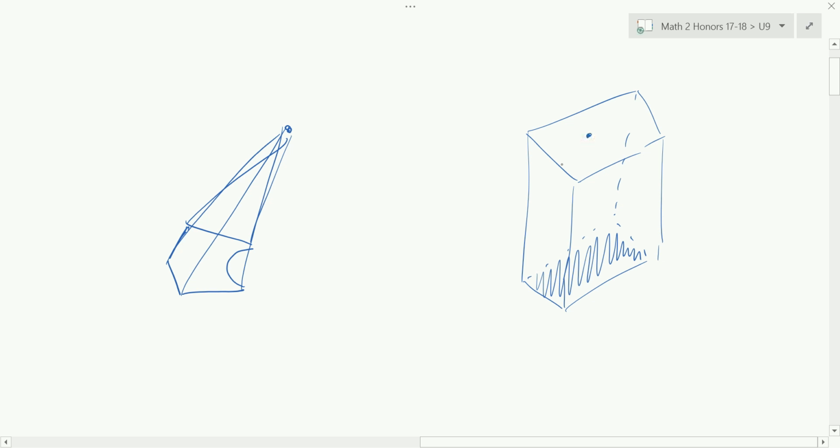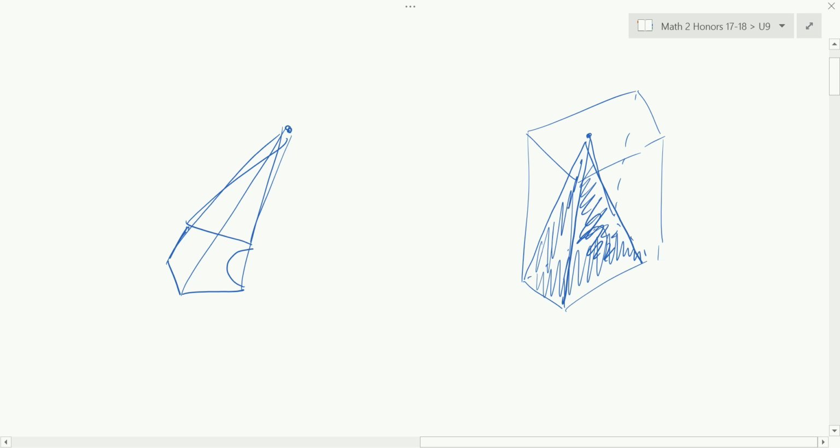So say right there, and we connected and created this rectangular based pyramid inside the prism. And we found the volume of this prism and compared it to the volume of the pyramid.